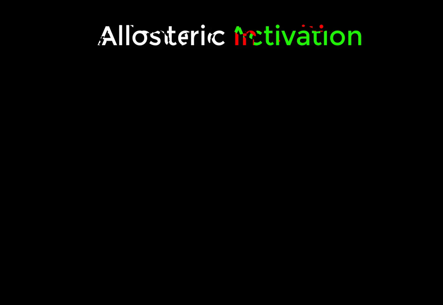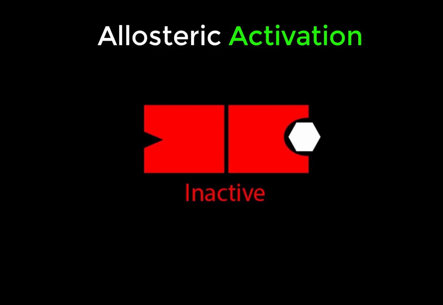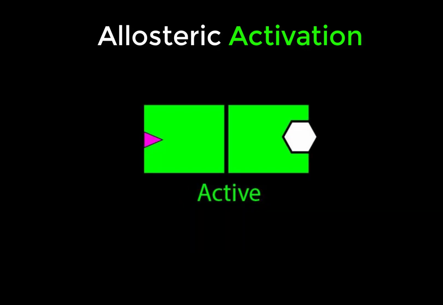Now let's see how this changes when we think about allosteric activation. So the idea here is that we start off with a form of the enzyme that is not active. Okay, so it does not bind to the substrate very well. But in this case, when we add the allosteric effector or allosteric activator, the signal is communicated to make the enzyme more active, converting it into its active state.